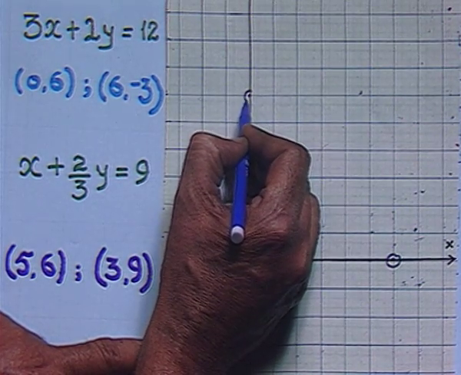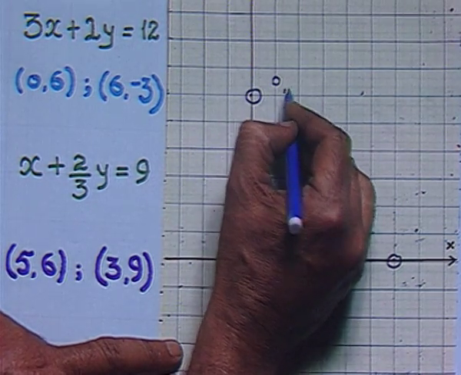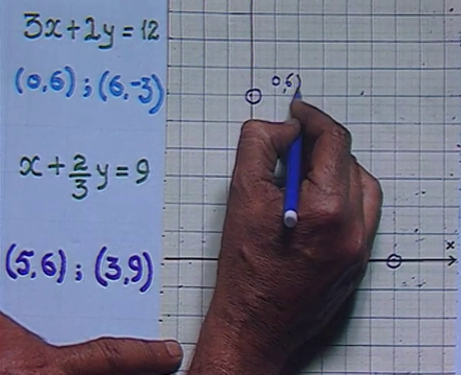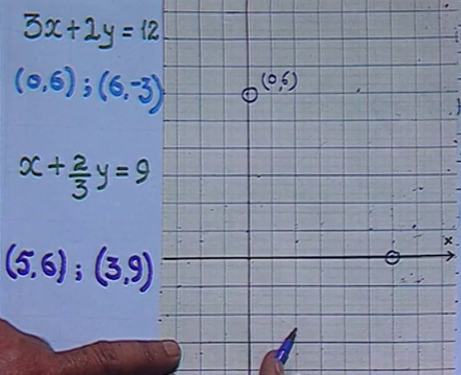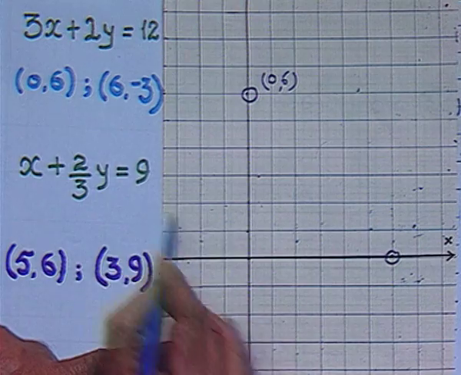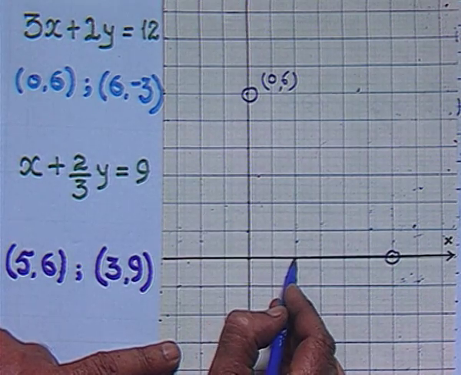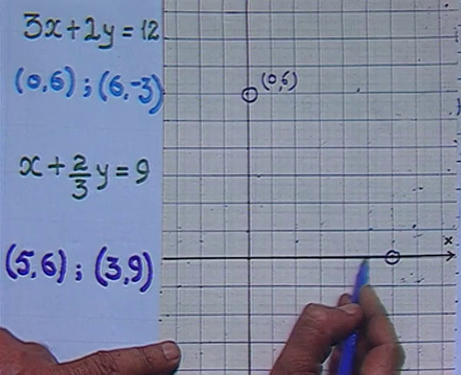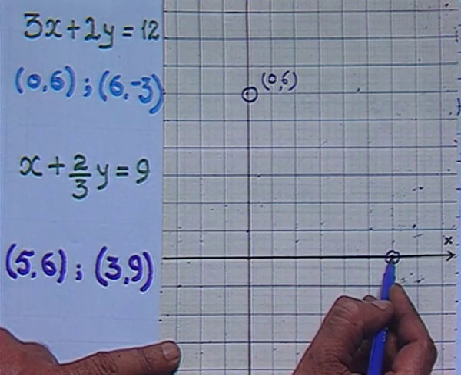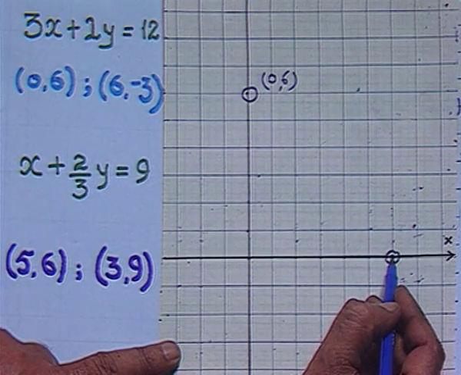So this point is (0, 6). The other point is (6, minus 3). 6 units being positive, I will move towards right, 1, 2, 3, 4, 5, 6. Now if I don't move up or down, this point is (6, 0).